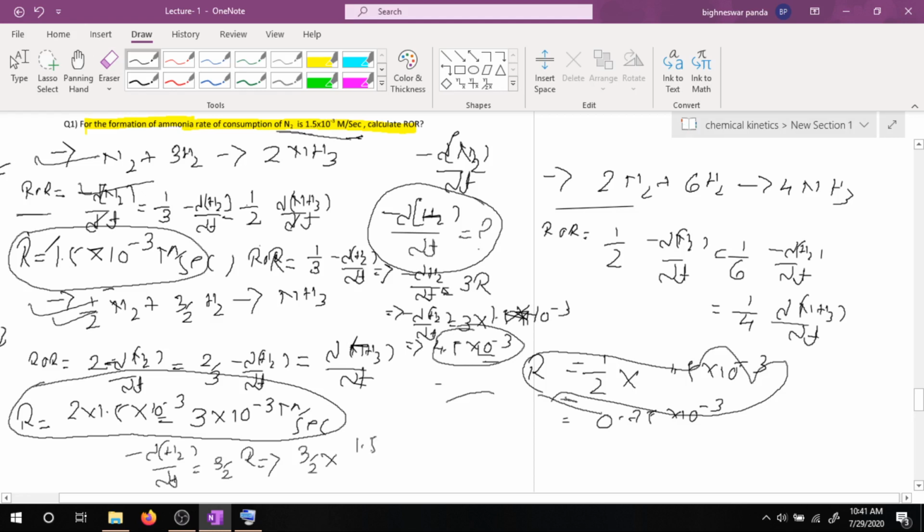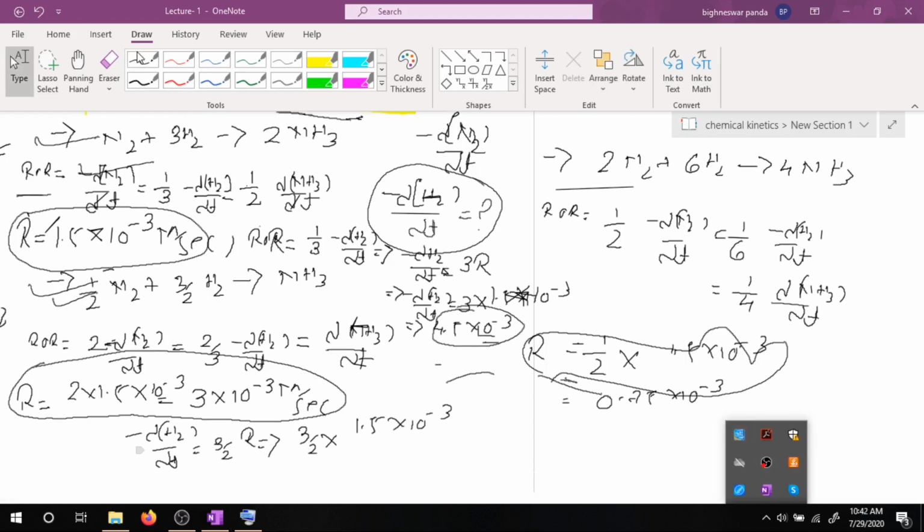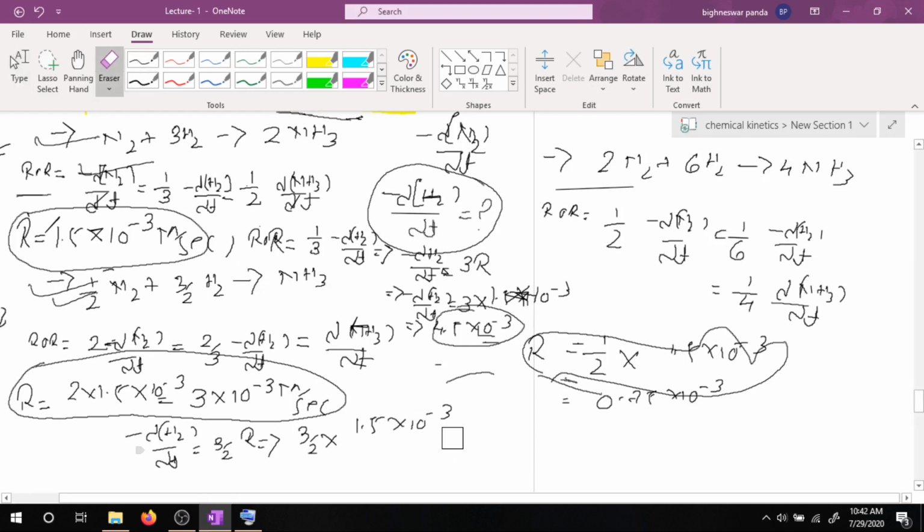R is half, 1.5 into 10 to the power minus 3. Sorry, I made a mistake.